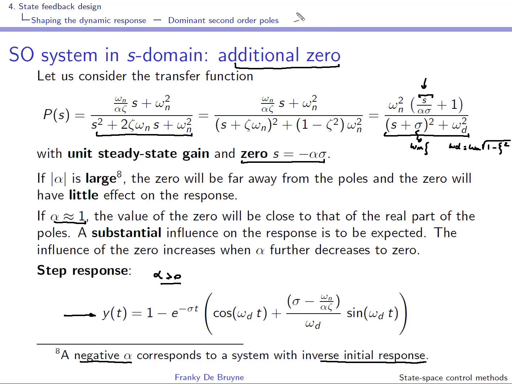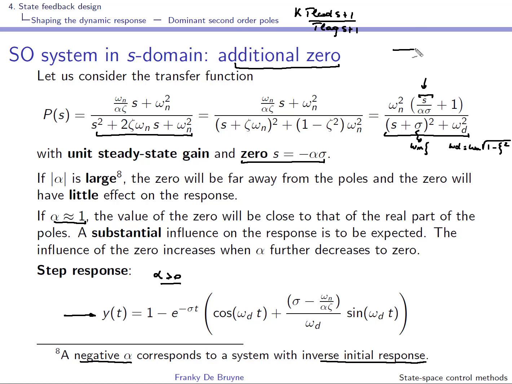We have seen this before, or you have seen this before in other courses. A good example is the lead lag system, and its transfer function is over here.